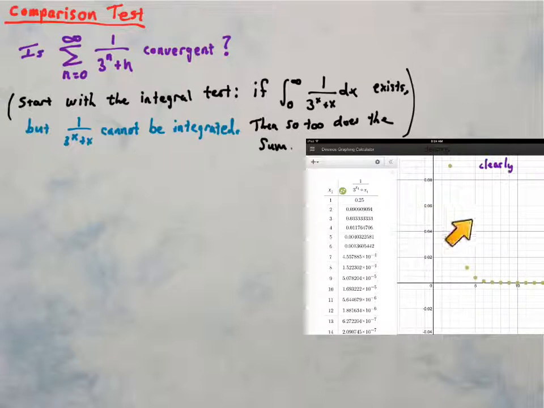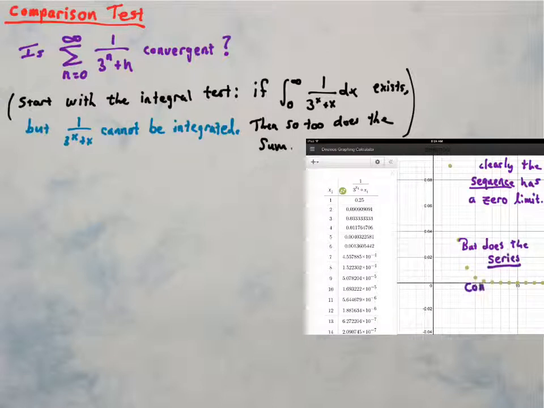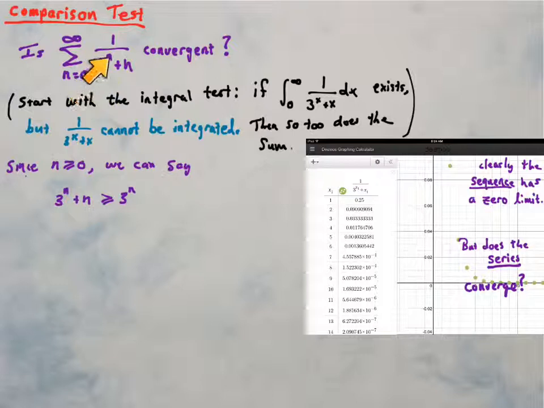So anyway, what's happening over here in the graph is clearly the sequence does have a zero limit, but does the series actually converge? And that's what we're trying to establish. So let's compare the denominator, 3 to the n plus n, to a simpler denominator that would be 3 to the n.